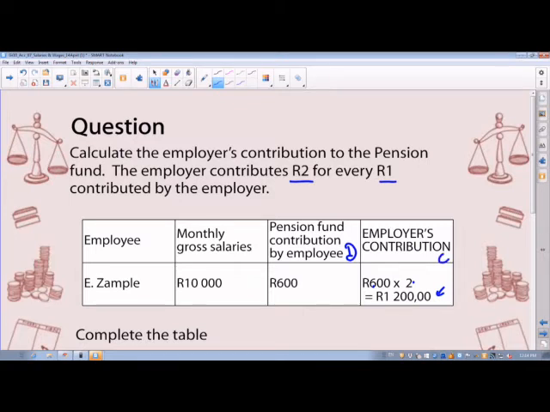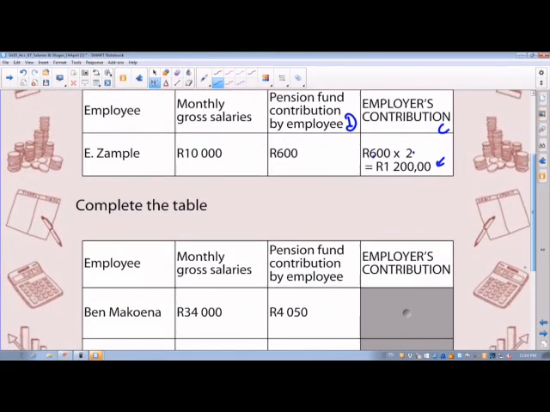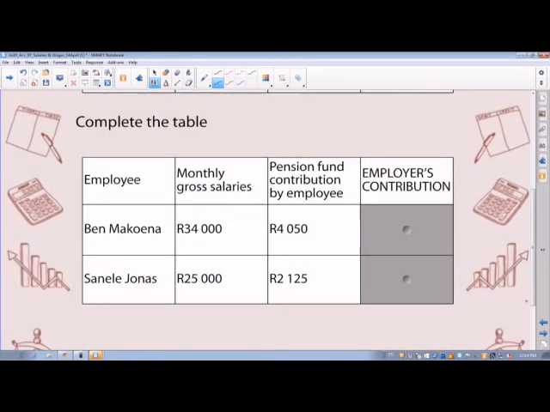Now, what I want to leave you with during the ad break is to complete the contributions for the following 2 guys. Ben Makuna earns a salary of 34,000, and his pension fund contribution, so this is what you need to quickly take down, is 4,050, but remember the employer gives 2 Rand for every 1 Rand.